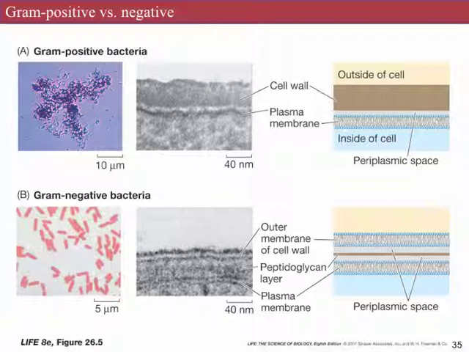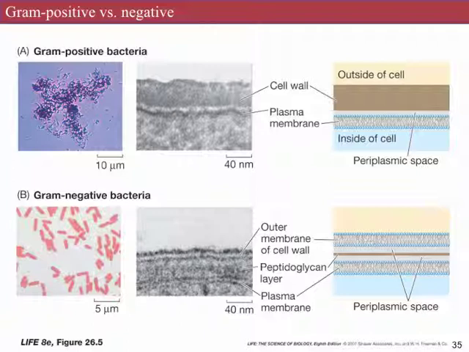Somewhat surprisingly to many people, gram-negative bacteria, which actually are the vast majority of bacteria, have a second membrane on the outside of their cell wall. So they have one cell membrane, then a cell wall, then another cell membrane outside of that cell wall. They have a thinner peptidoglycan cell wall compared to the gram-positives.